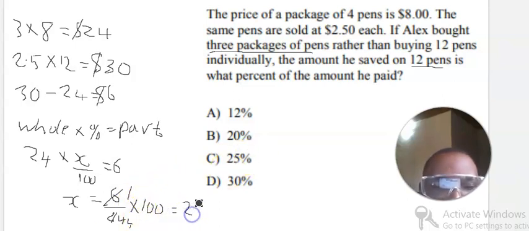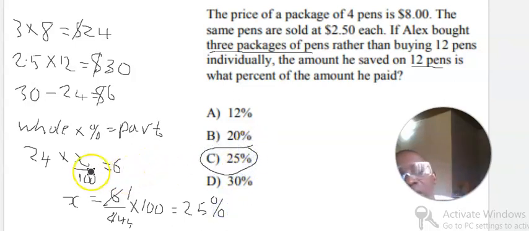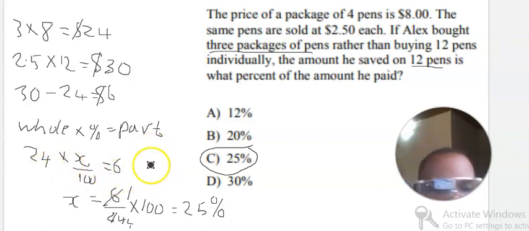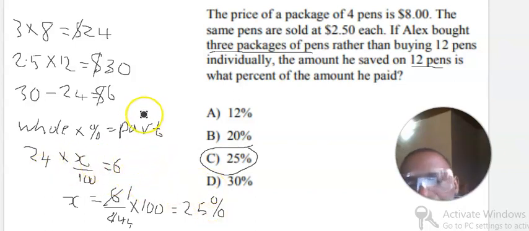That is option C. So 25% of 24 is what he saved, which is $6. It's as simple as that.